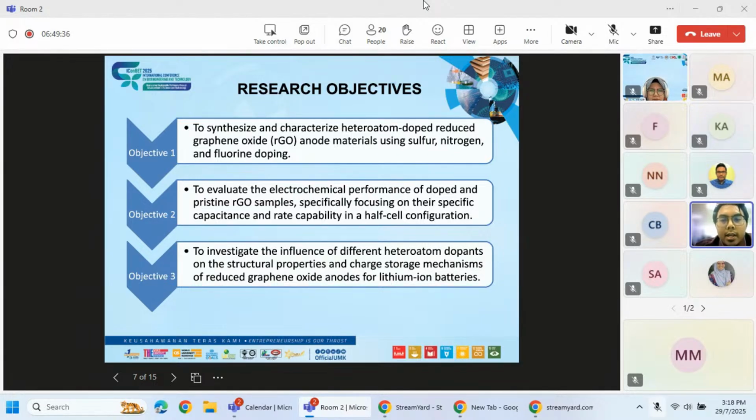This includes analyzing their specific capacitance and rate capability using half cell configuration. Finally, the third objective is to investigate how different heteroatom dopants influence the structure properties and charge storage mechanism of RGO-based anode for lithium-ion battery. Altogether, this objective aims to develop a more efficient and high-performance anode material to address the limitation of conventional graphite.